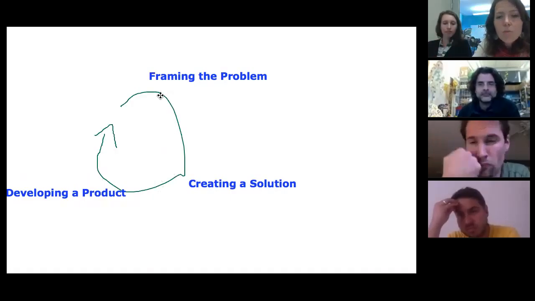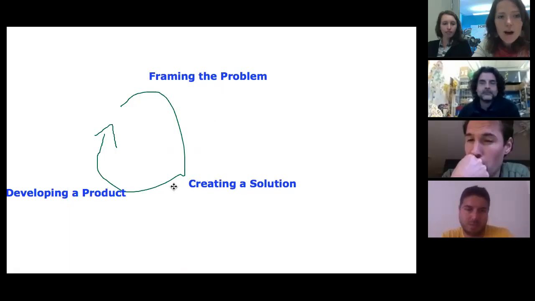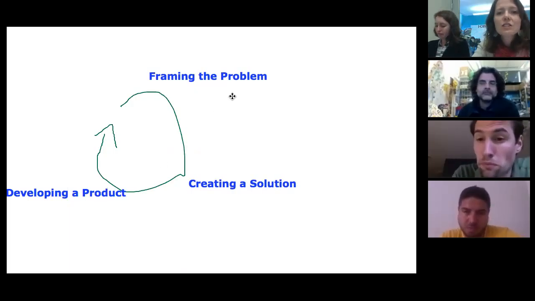But what I'd like to open up now is to ask our panelists, each of you, what are some of the most essential components Summit teams should be integrating at different stages of this design cycle? Obviously, there's a lot. I think we all know our friends at CSU teach business and entrepreneurship.